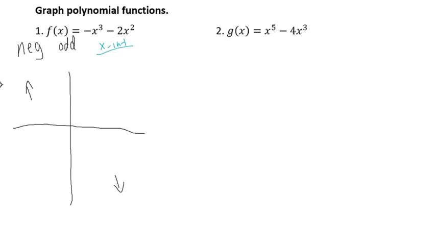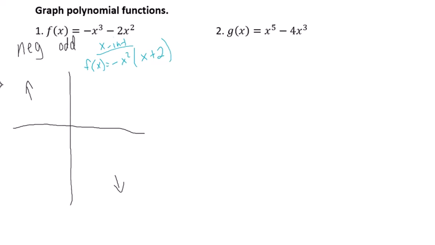So I'm going to factor by using GCF. So I'm going to have f of x equals negative x squared, the leading term negative, factored out, times x plus 2. Go ahead and check that: negative x squared times x is negative x to the third, negative x squared times 2 is negative 2x squared.